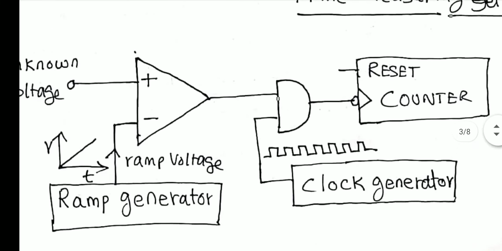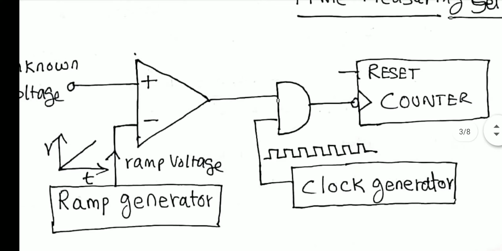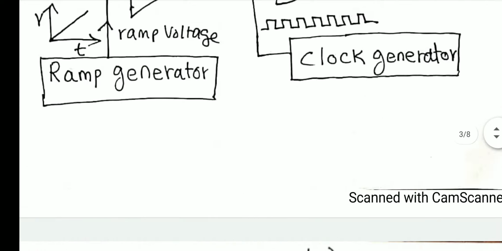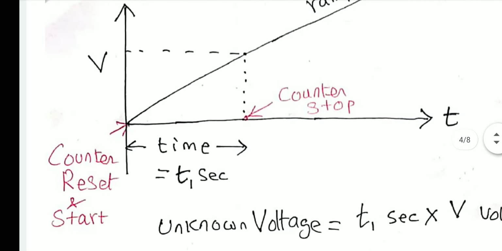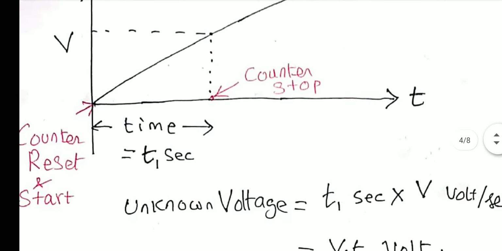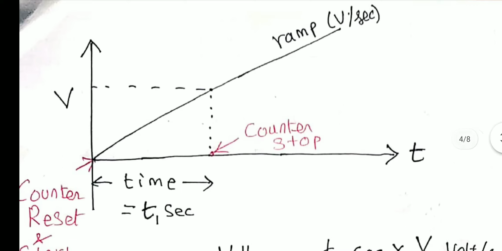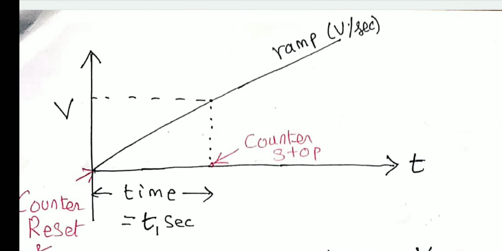So the counter stops with some count value. That count value divided by the clock frequency is the actual time t1. Now we have measured the time t1, and we know the ramp rate, nothing but the slope rate.